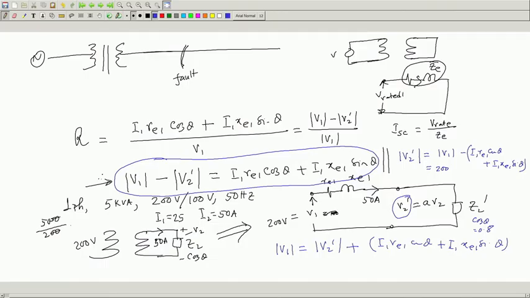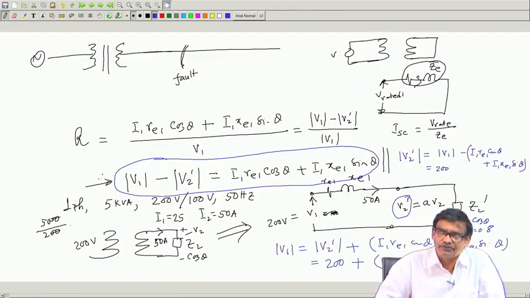So, current, R e 1, power factor are known, V 2 dashed, if it is 100 volt I want to get there, that means here it is 200 volt. So, 200 plus this thing. So, you have to apply to the primary then a voltage higher than 200 volts, slightly higher.